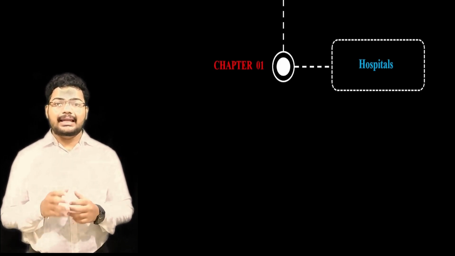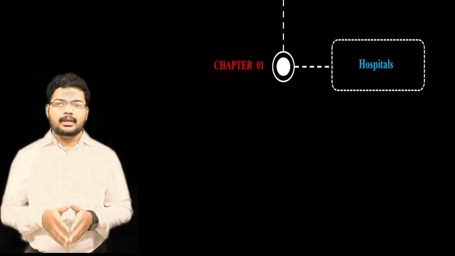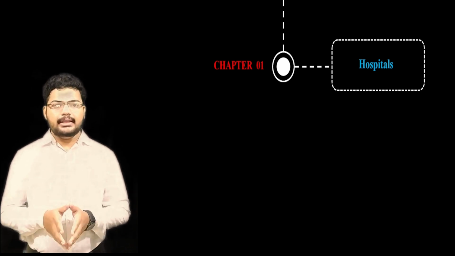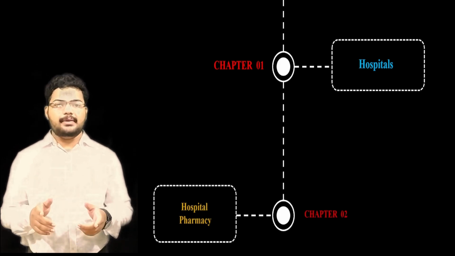In hospital pharmacy, the topics are as follows. First one is the hospital. So what is a hospital? Its definition, function, classification based on various criteria, organization, management and health delivery system in India. The second chapter is hospital pharmacy.